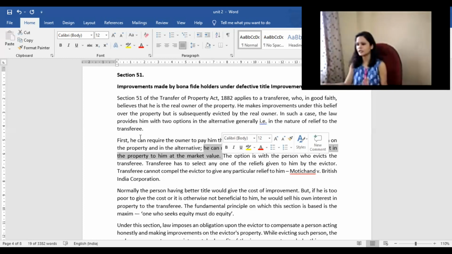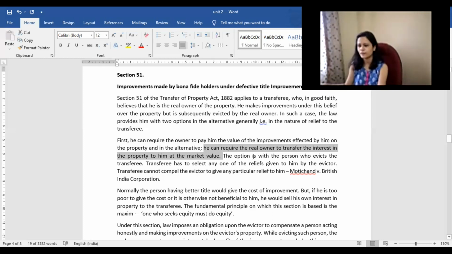In such a case, he has an alternate option that he can sell this property to me also, right? So there are two options. You either pay for whatever improvements I have made, or you alienate the property to me. Those are the two options which will be available in case some improvements are done by a bona fide holder.